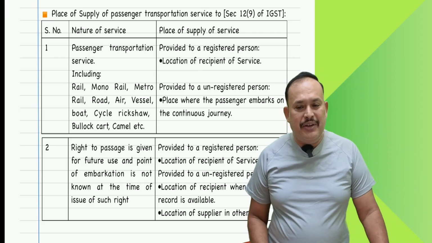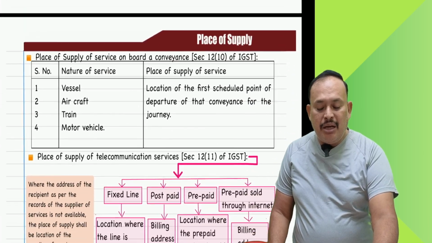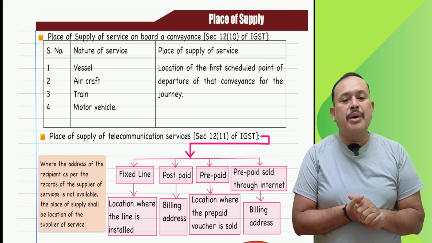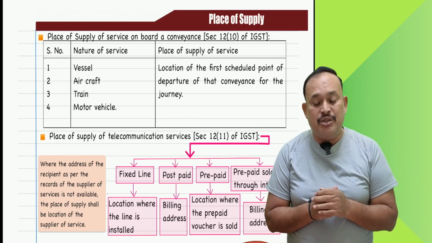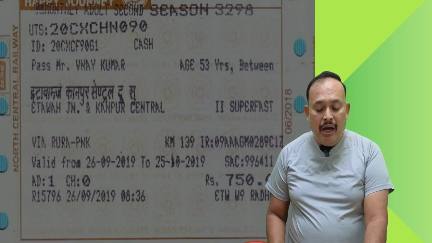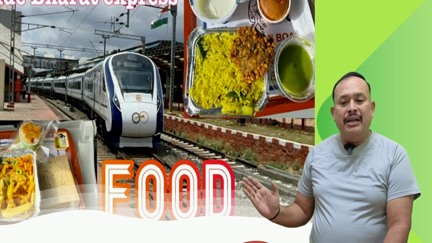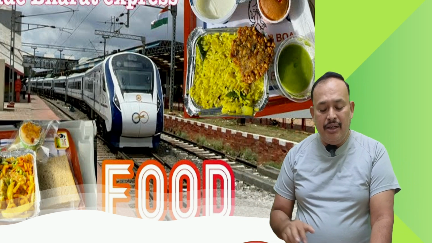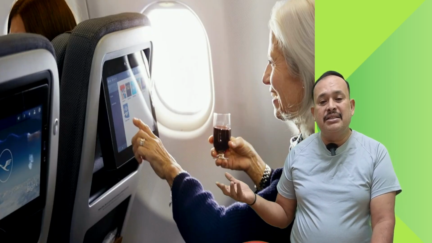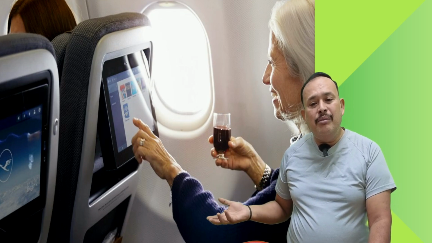Further, my dear friends, referring to section 12, subsection 10, which talks about place of supply of services on board a conveyance. What do you mean by on board conveyance? I will tell you. While transporting passengers, food is provided, drinks, thereafter snacks, or movies on demand or video games on demand are provided.